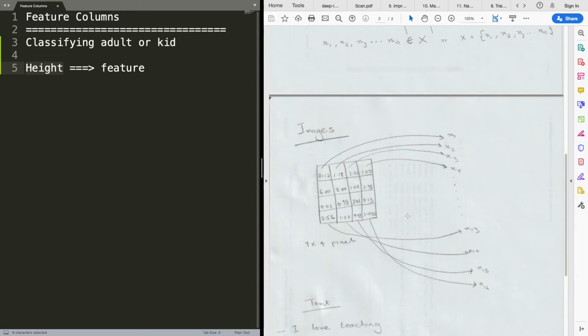Moving on, you also have this concept of feature columns in images, but it's subtle to pick out what the x1, x2, the features, are here.